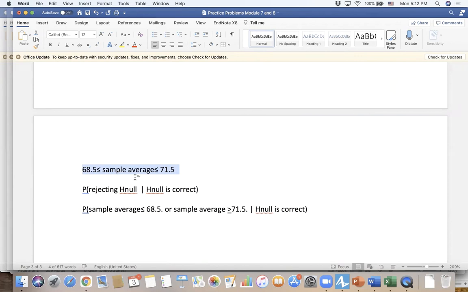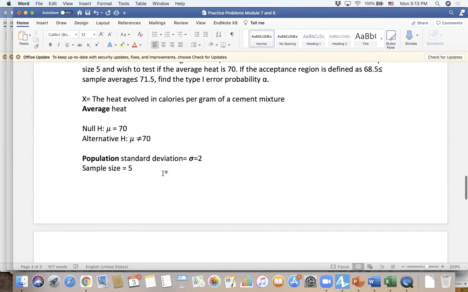I reject H null only if the sample average is greater than 71.5 or less than 68.5. That's the rejection region, and that's what I wrote here: when the sample average is less than 68.5 or greater than 71.5, given that H null is correct, meaning that mu is 70.